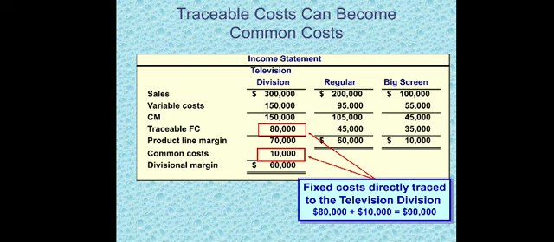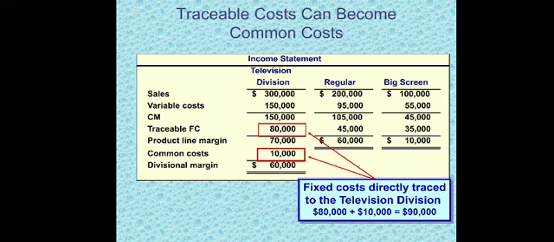Just remember the definition. The traceable fixed cost is a fixed cost that will become zero if the segments under the television are closed. The common fixed cost is the fixed cost that will not become zero even though the segments under the television divisions are closed.